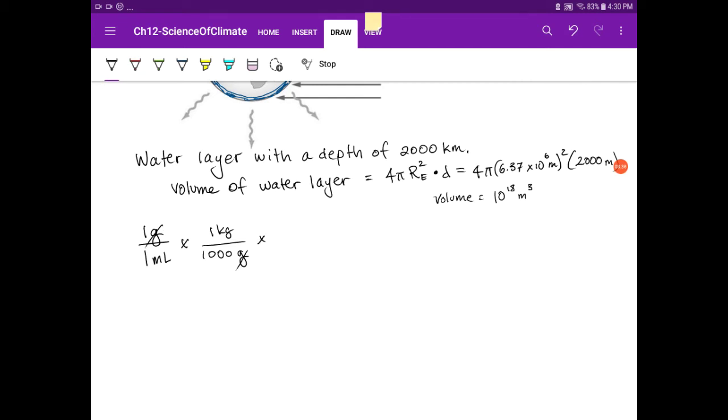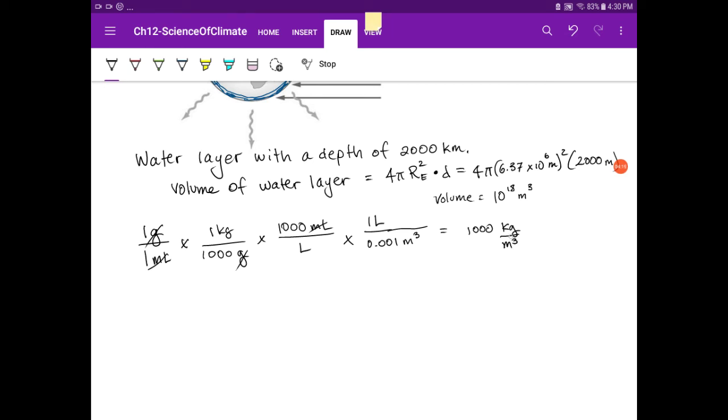And then I would multiply by 1,000 milliliters in 1 liter, and my milliliters will cancel. And then I can multiply by 1 liter is 0.001 meters cubed, because 1 liter is 10 centimeters by 10 centimeters by 10 centimeters. If I calculate that, I'll get that there are 1,000 kilograms per meter cubed.